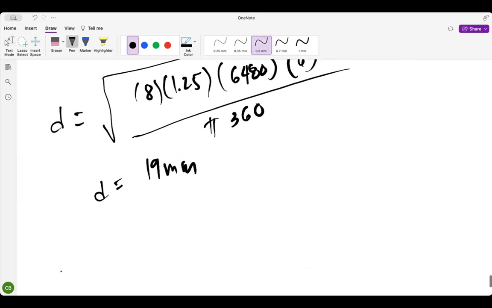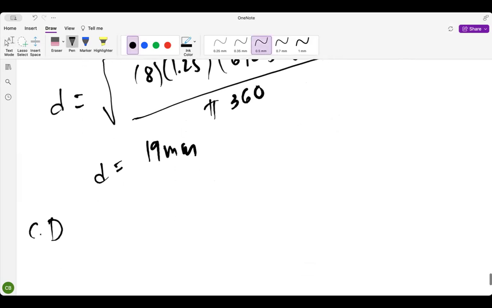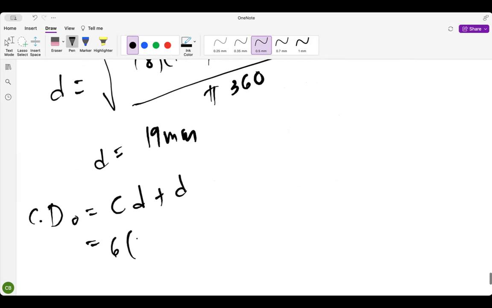Next, the outside diameter, the O.D., is equal to the spring index multiplied by d plus d. So we have C, which is 6, times 19 plus 19.